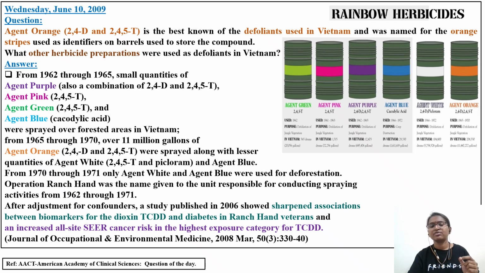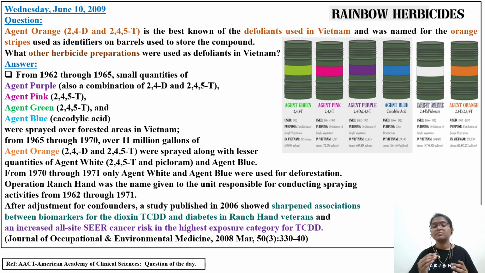After adjustment for confounders, a study published in 2006 showed a sharpened association between biomarkers of this dioxin and diabetes in the Ranch Hand veterans, and an increased all-site cancer risk in the highest exposure category for TCDD. Here you can pause and read once again. Those people who worked in this defoliation project during the Vietnam War, that project was named Operation Ranch Hand.